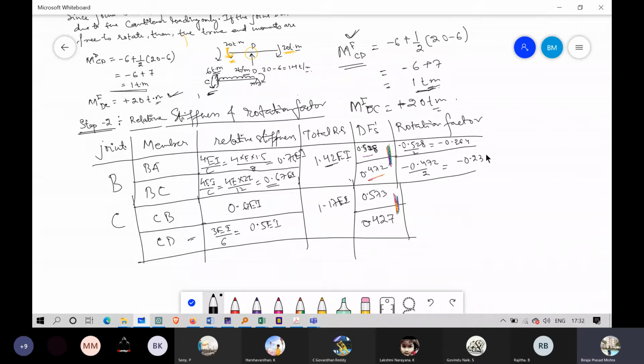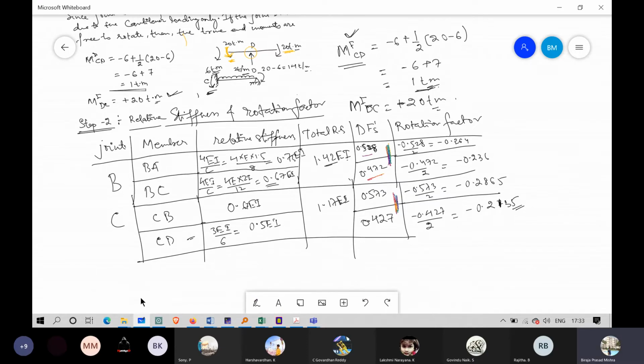Similarly, this one is minus 0.573 divided by 2, which is minus 0.2865, and this is minus 0.427 divided by 2, so this will be minus 0.2135. Okay, so these are the distribution factors and the rotation factors for the two joints B and C.